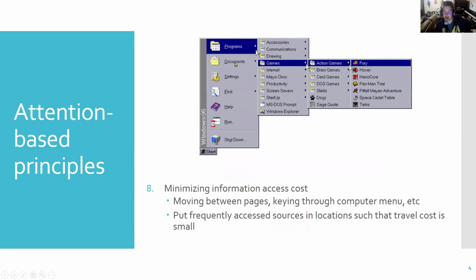So if you describe the search for information in our display as having several steps that we have to get through, we'd call this a higher information access cost. So think of it like the number of folders I need to click, or the number of buttons, or maybe the number of places I have to look in order to get to the answer I need. So as a general principle, we want to minimize that cost.